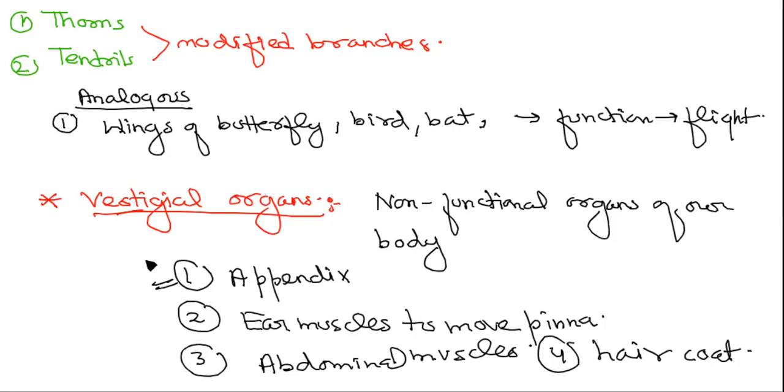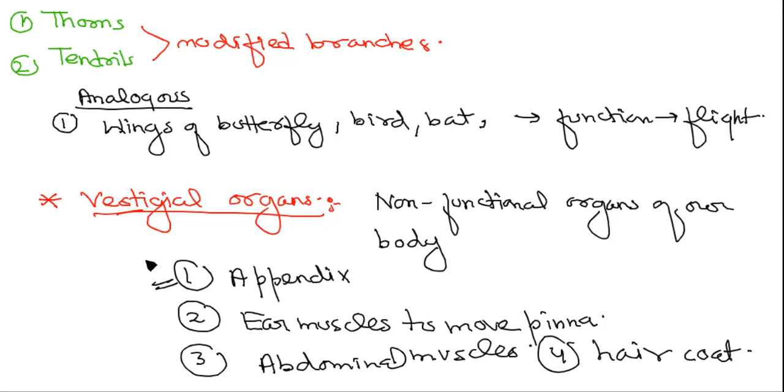Like your tailbone. Ever heard about the tailbone? Yes, ma'am. So that is now vestigial. Ma'am, it was used when we used to have tails. Right. In the old habitat, humans used to live on trees, climbing on trees.